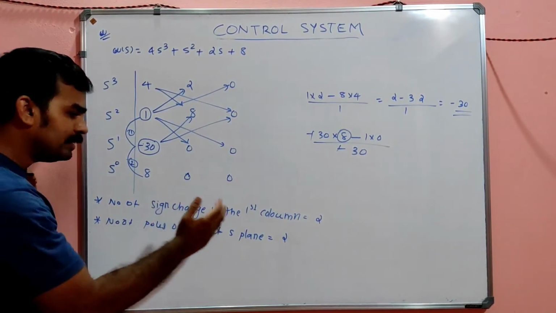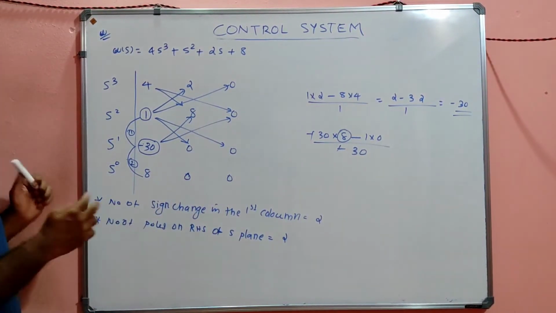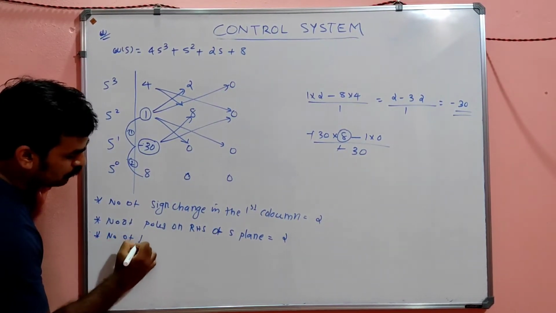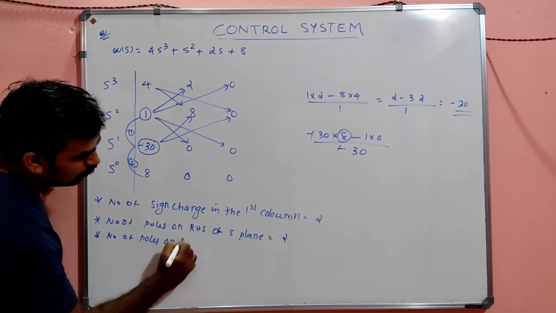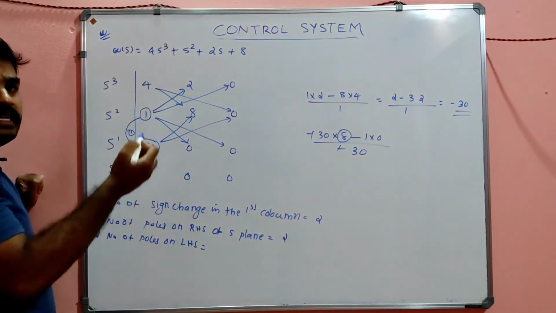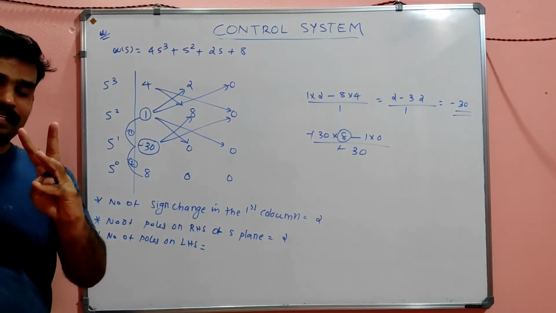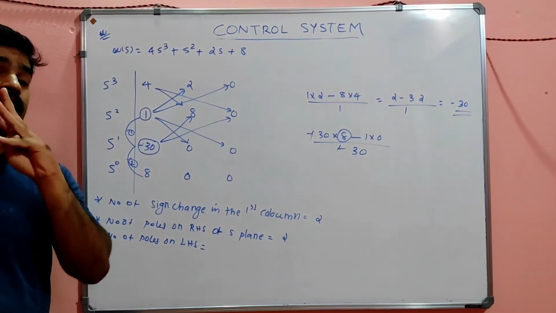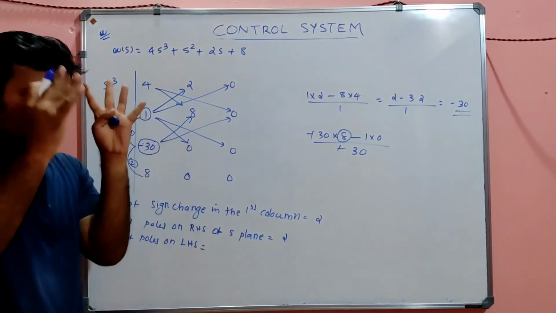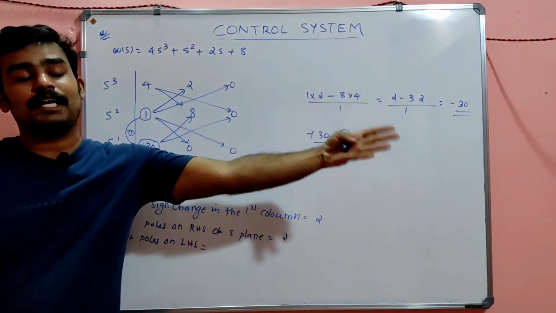So what does it mean, my dear? See, number of poles on LHS will be equal to what? For S cube, it is a third degree equation, right? So definitely 2 poles we already found are on the right side of S plane.